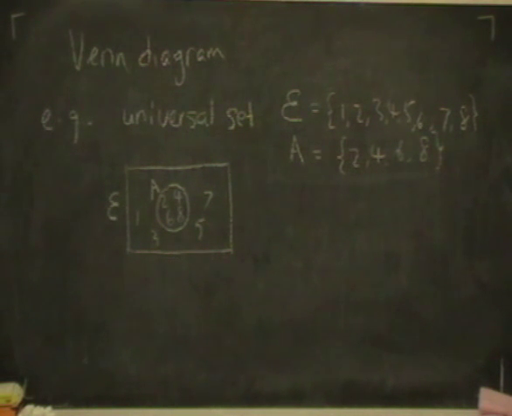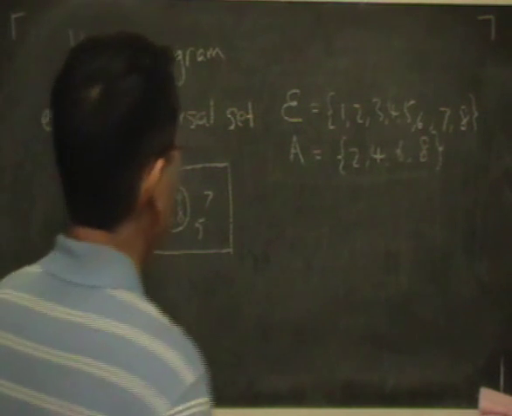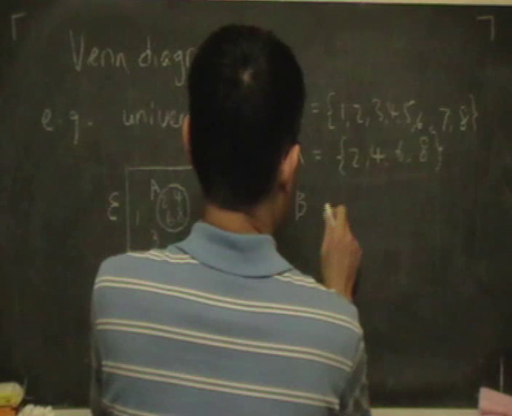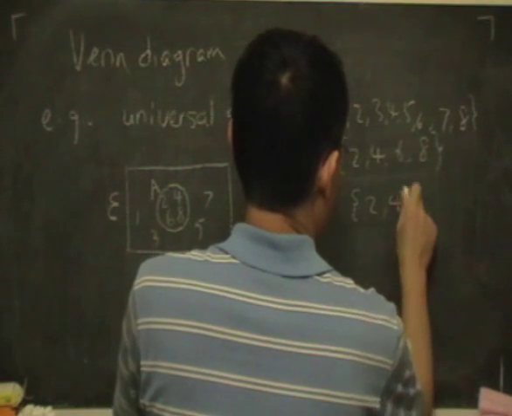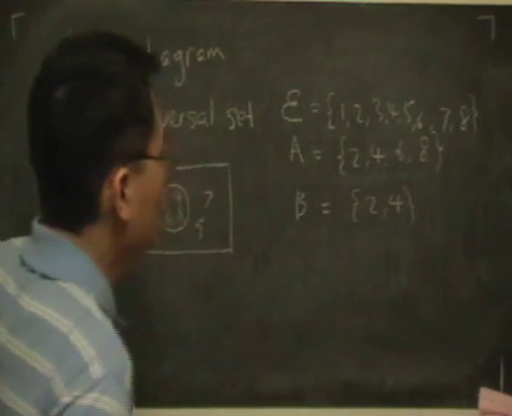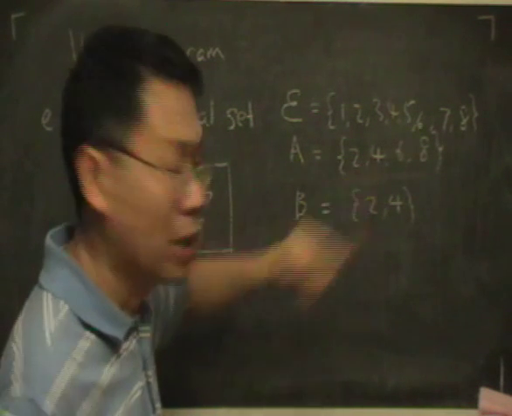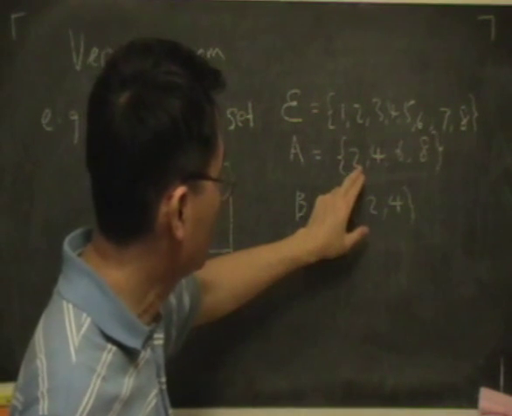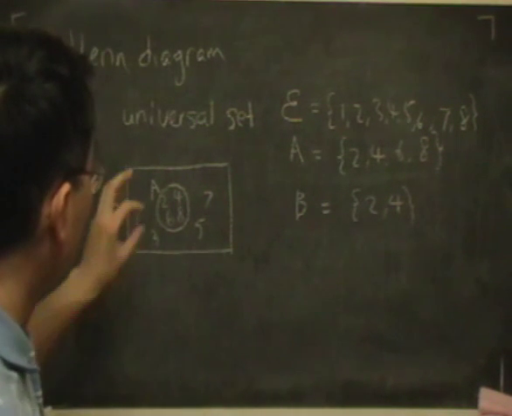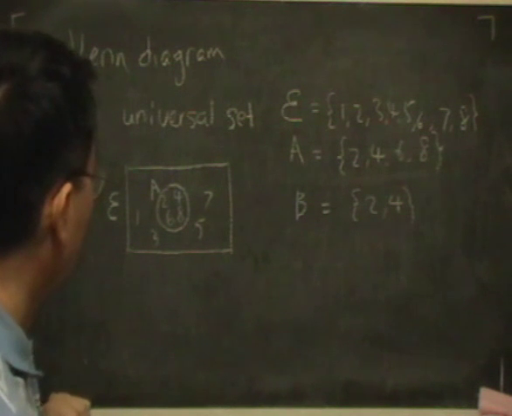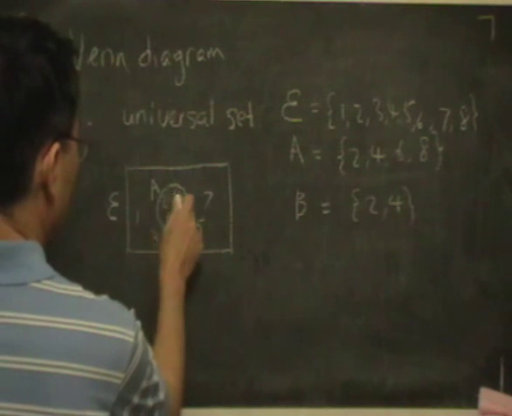Right, now let me think of another set. I call it the set B, which is equal to 2 and 4. Now you can see that B is a subset of A. It's smaller than A and both the elements are in A. Now if I want to show that on the Venn diagram, I notice that I already have the 2 and 4 there.